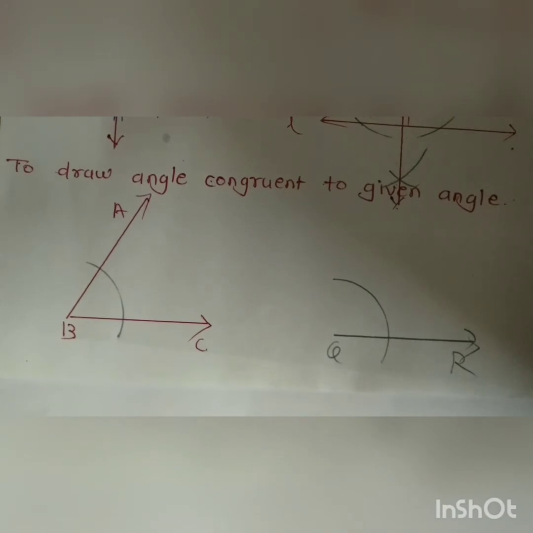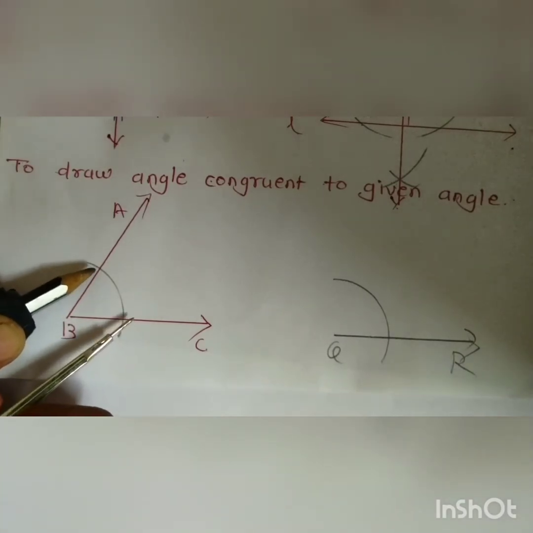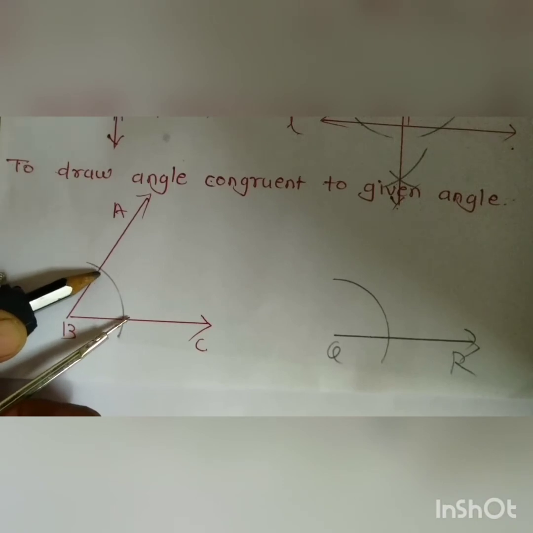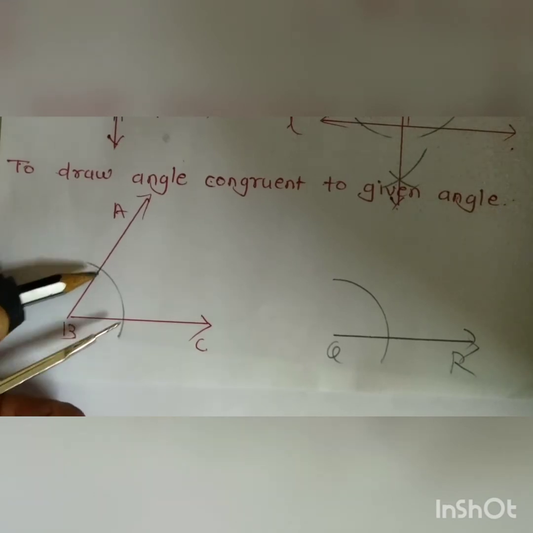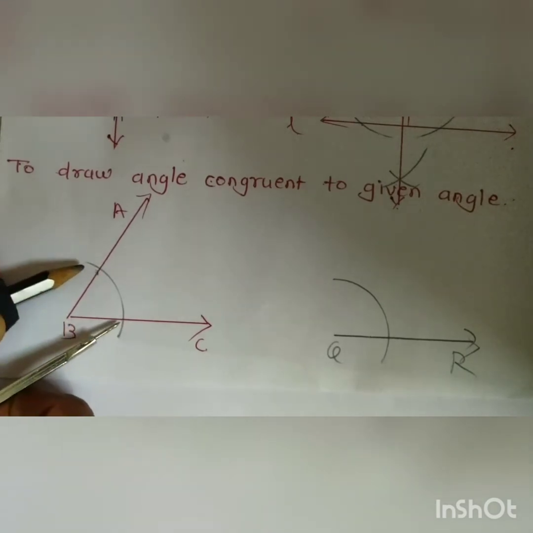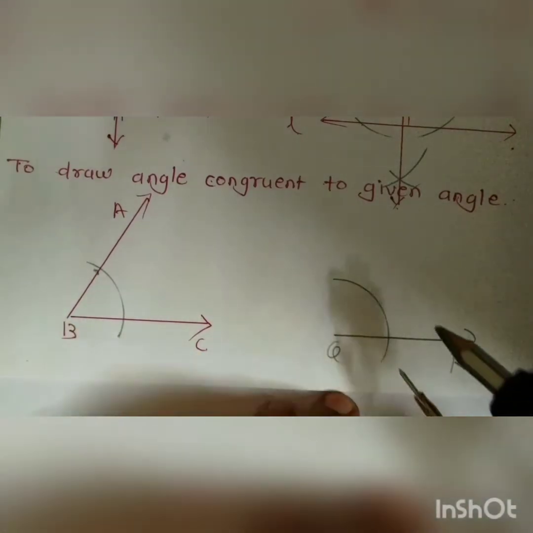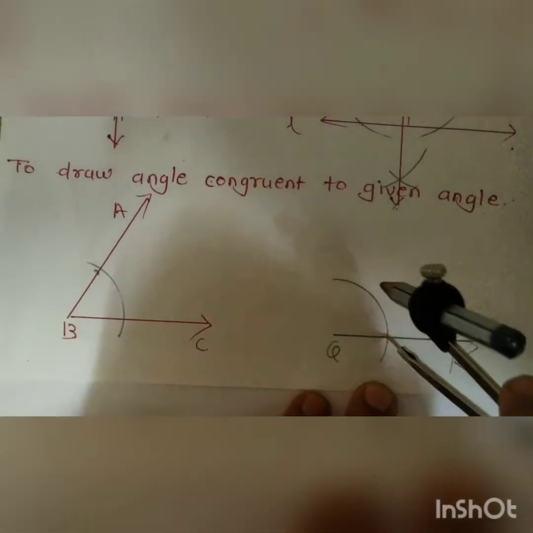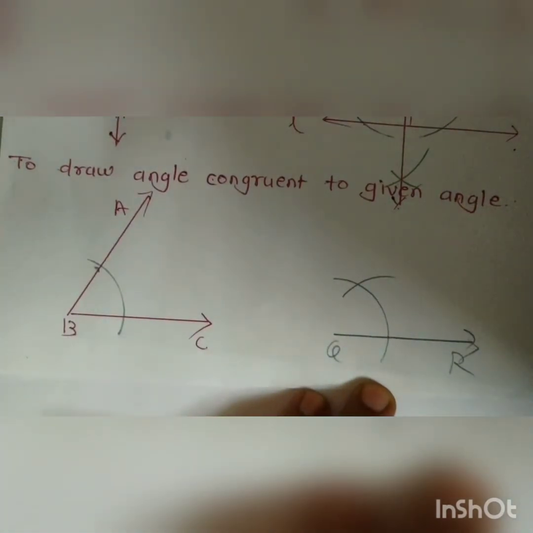Now measure the distance between these 2 points, like this way. This is a very useful construction for similar triangles. We measure this distance accurately. Now put your compass here and intersect the first arc we constructed.